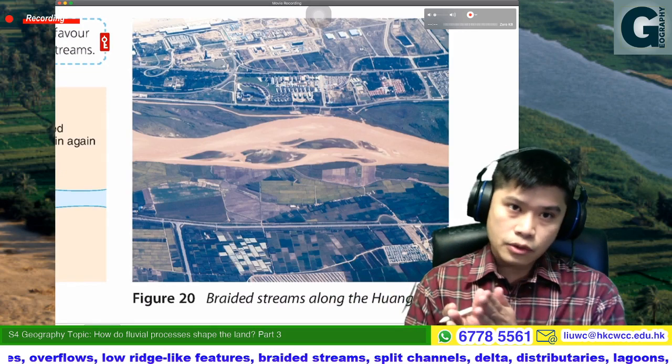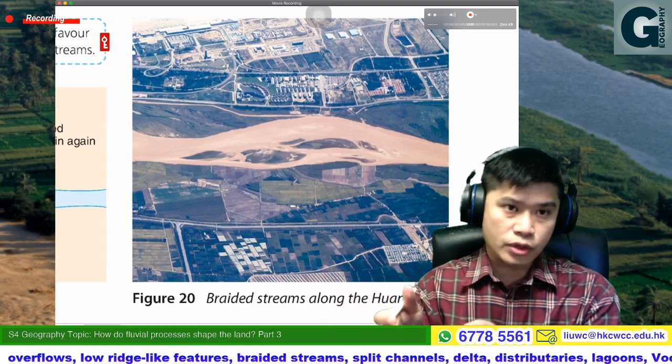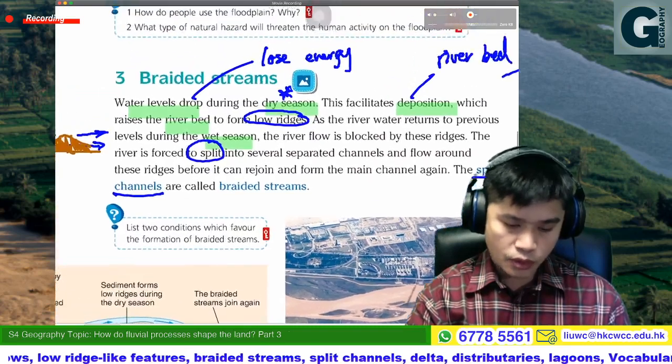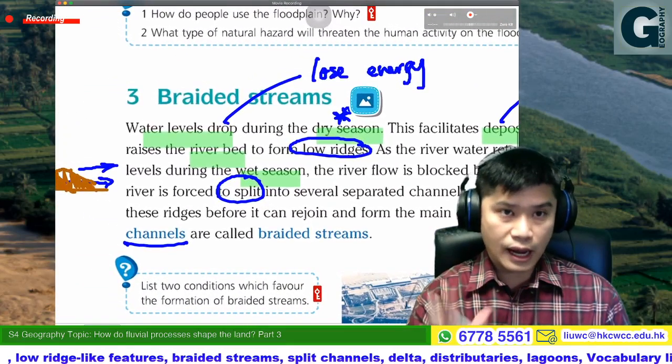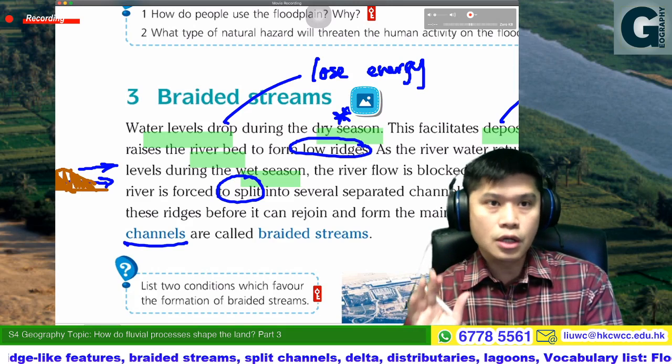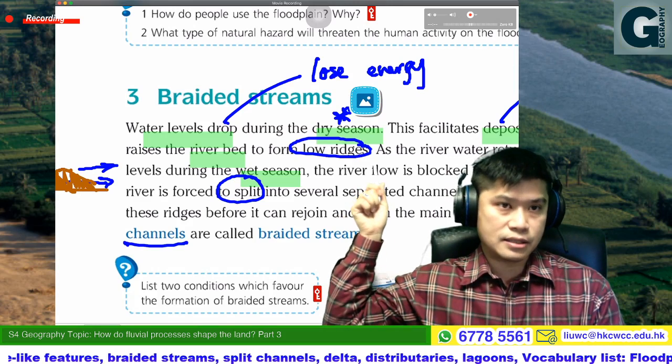The river splits and then rejoins. This is a braided stream, and most important, remember, under what condition may a braided stream occur? Normally, there must be a dry season.